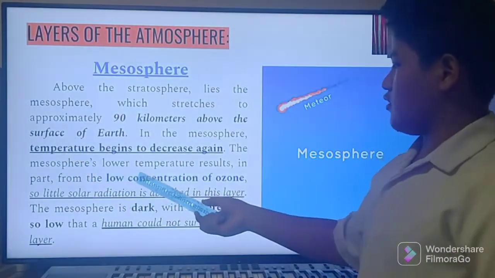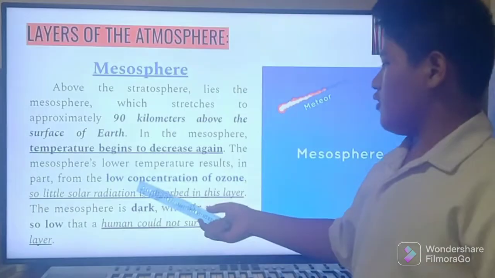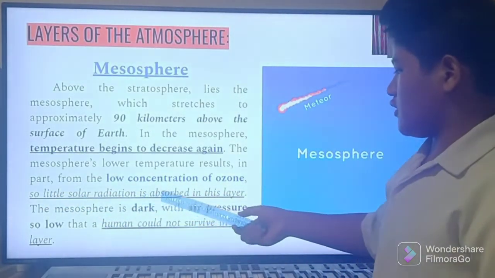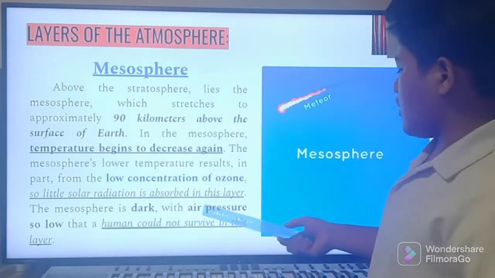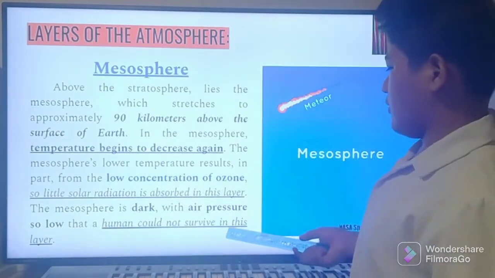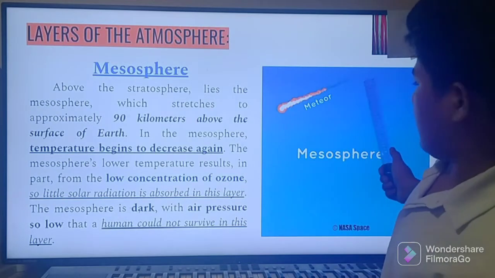The mesosphere's lower temperature results in part from the low concentration of ozone, so little solar radiation is absorbed in this layer. The mesosphere is dark, with air pressure so low that a human could not survive in this layer. For example of the mesosphere, a meteor.